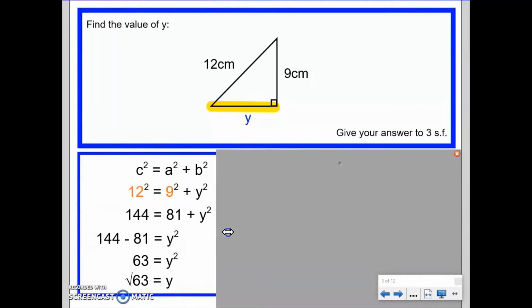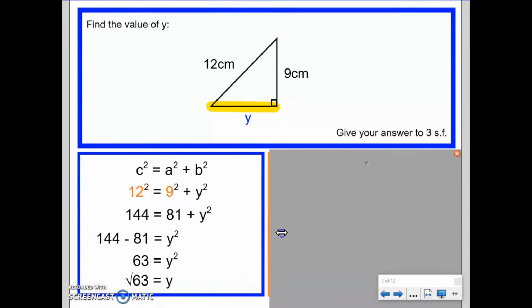So this is what my working out looks like this time. I start with the mathematical version of Pythagoras' theorem. C squared equals A squared plus B squared. And then I substitute in my 12 as C, this distance here, and I substitute in my 9 as A, this distance here.